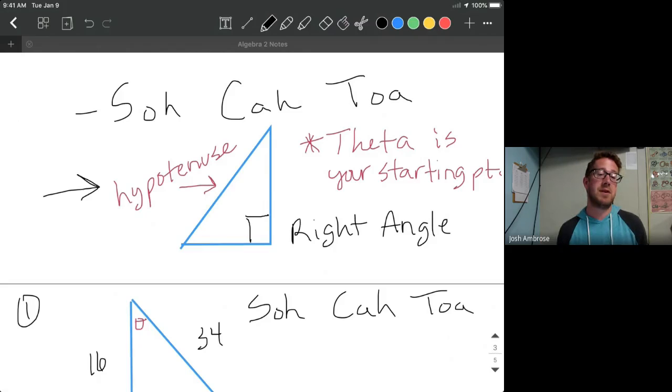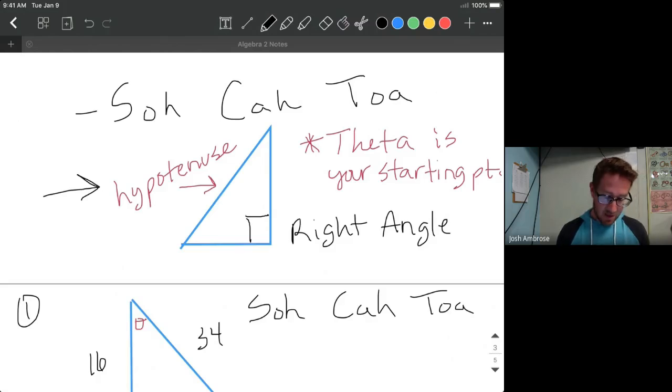All right, now let's figure out what SOHCAHTOA actually means. S stands for sine, O stands for opposite, meaning opposite of theta, because theta is your starting point, and H always stands for hypotenuse.